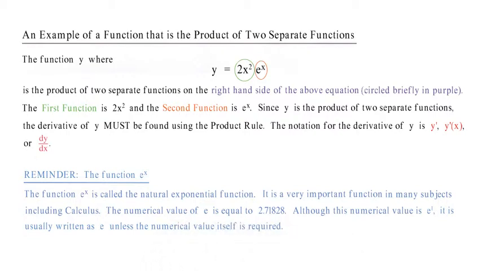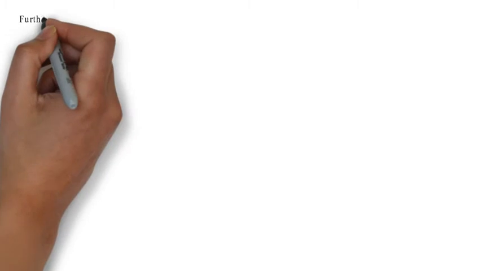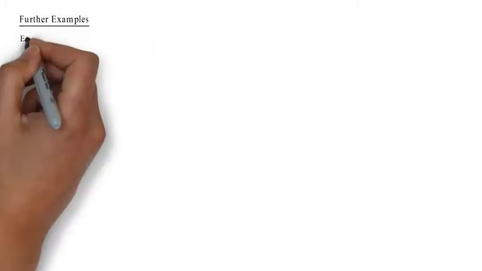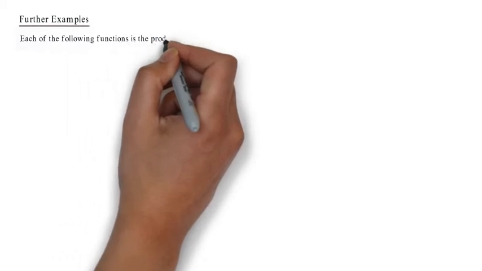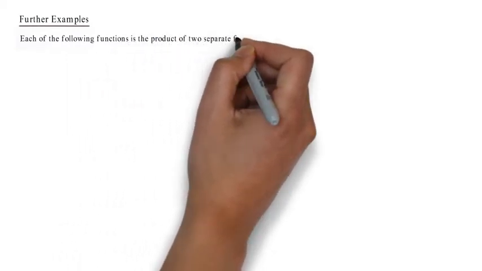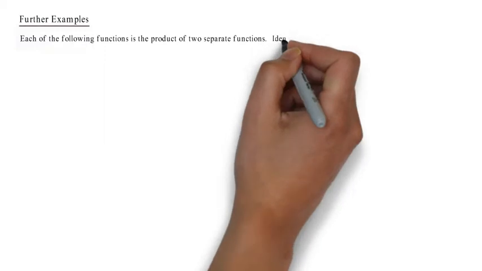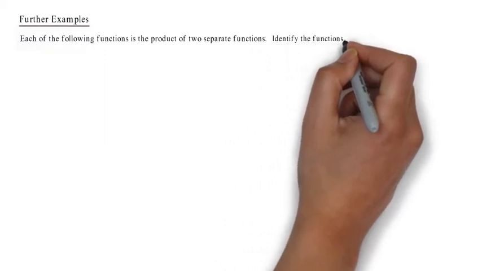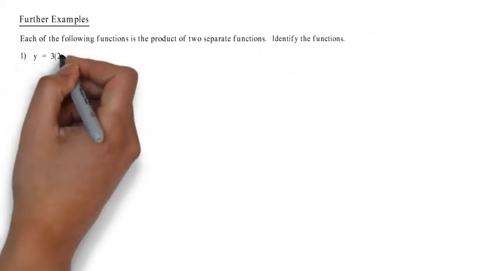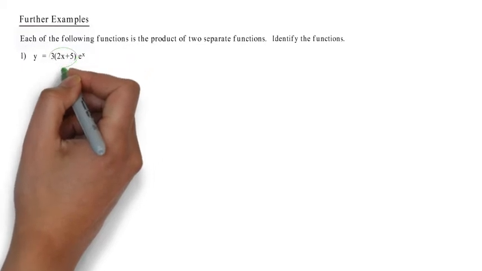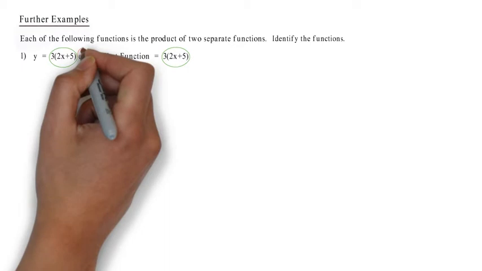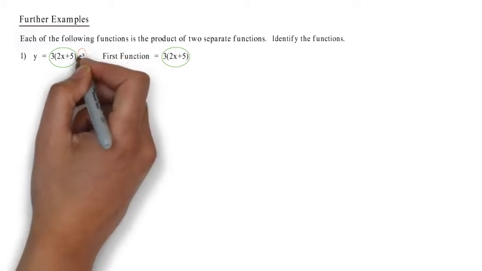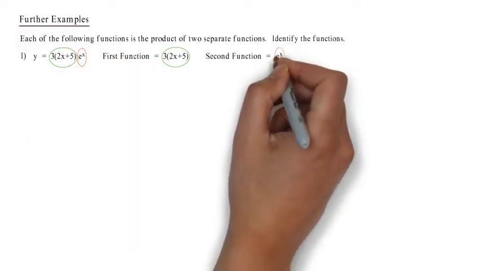Further examples. Each of the following functions is the product of 2 separate functions. Identify the functions. 1. 3 into 2x plus 5 is the first function, and e to the x is the second function.